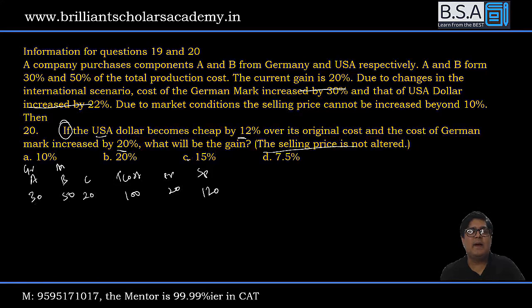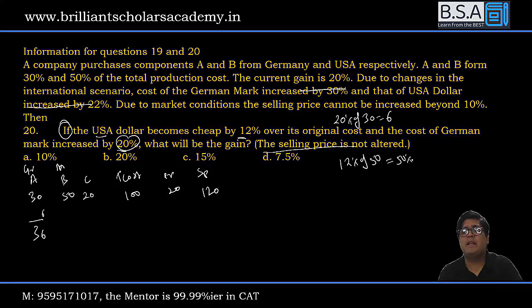German mark increases by 20%. What is 20% of 30? 6 rupees. And American dollar decreases price by 12%. What is 12% of 50? 12% of 50 is equal to 50% of 12, which is half, 6 rupees.